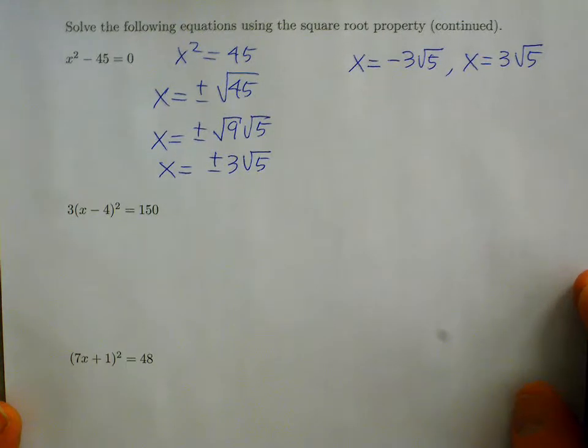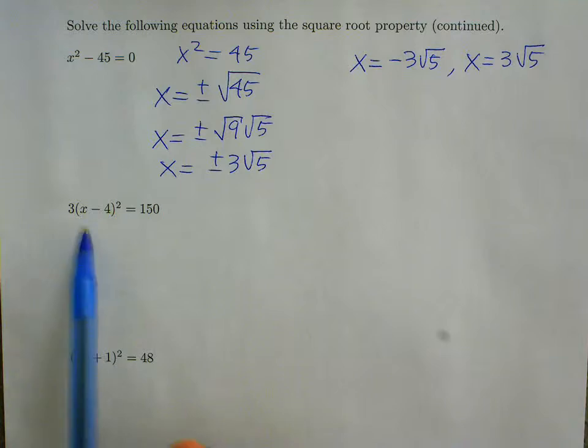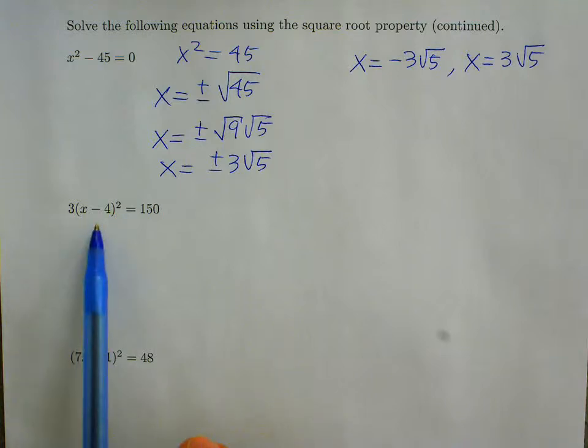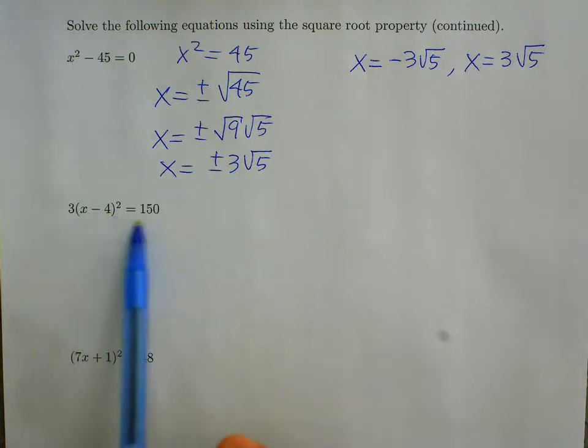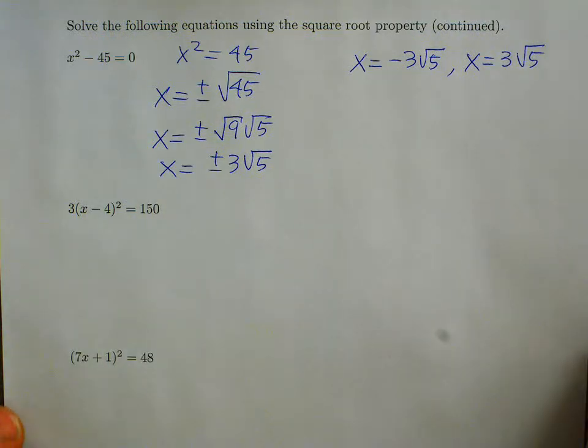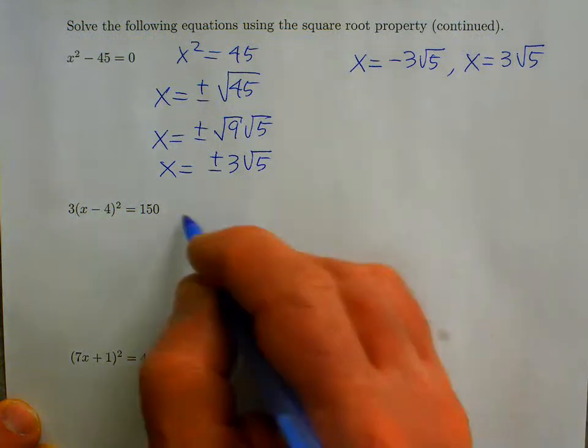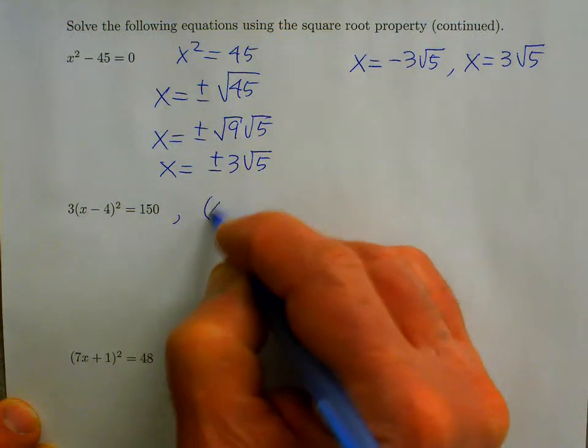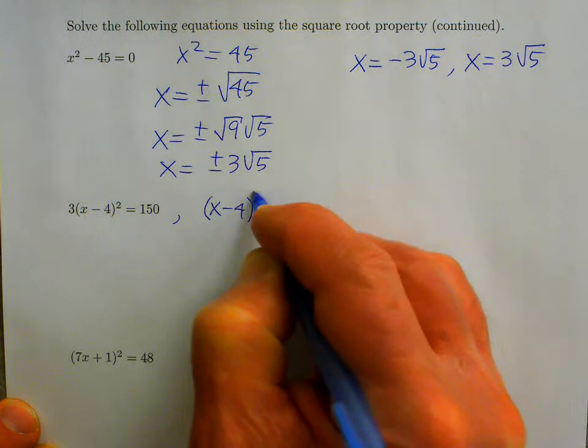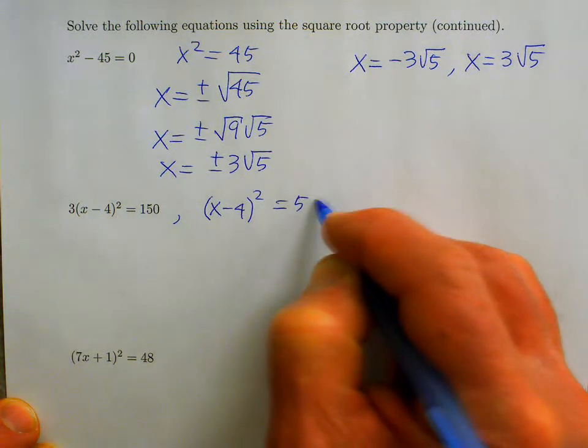Okay, the next example, we have 3 times the binomial x minus 4 squared equals 150. So divide both sides by 3 first. So we get x minus 4 squared equals 50.